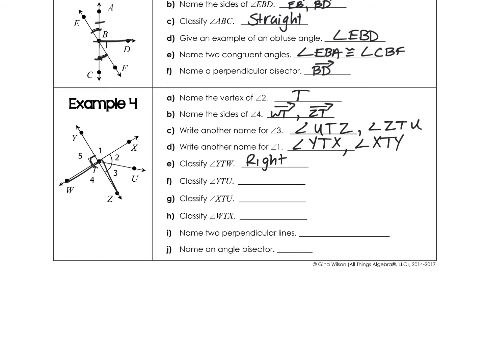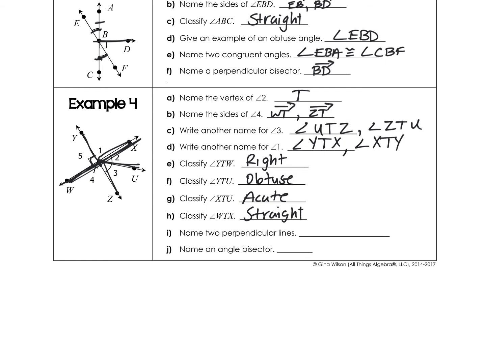Classify YTU. YTU looks to me to be obtuse. Classify XTU. XTU, that is acute. Classify WTX. WTX is a straight line. It's going to be a straight angle.